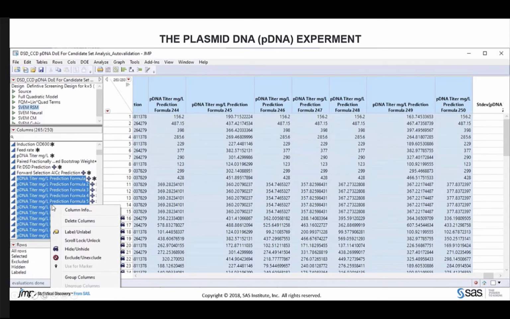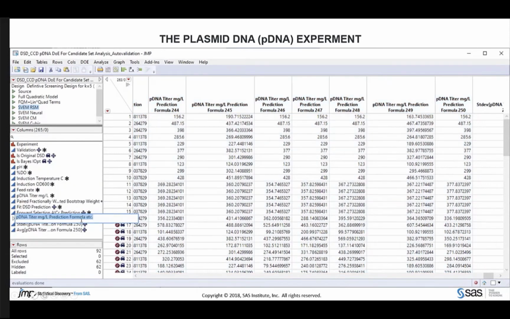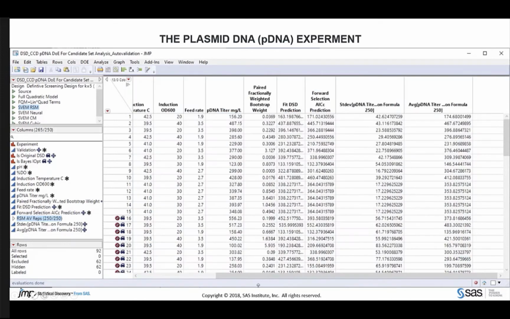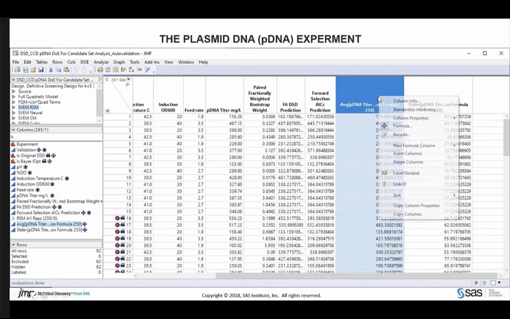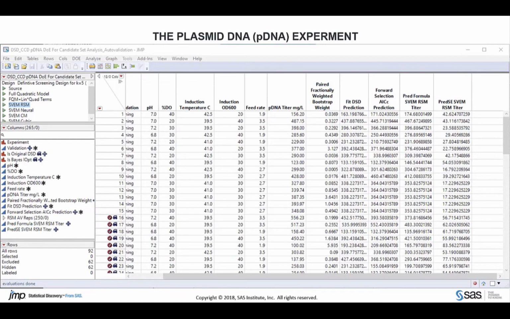We can also set up the standard deviation, and I'm just going to group the columns and hide the AV rep formulas just so that things are a little bit easier to read.